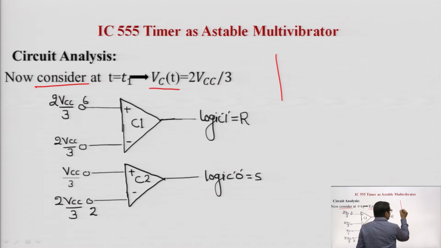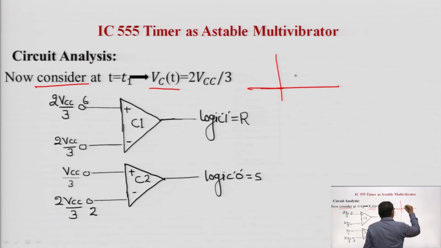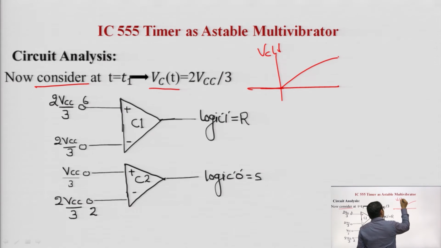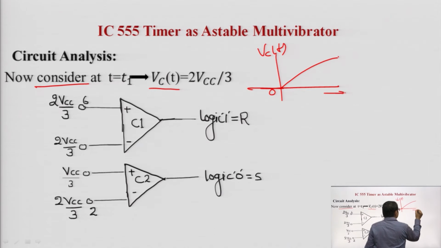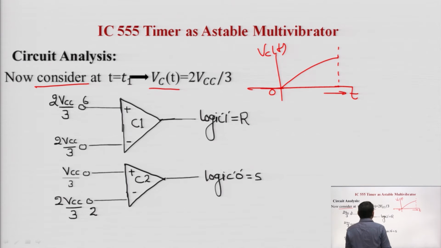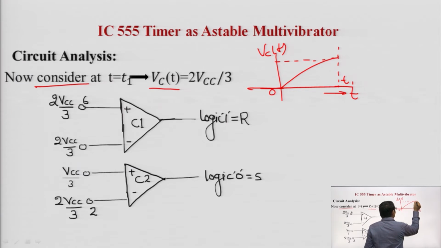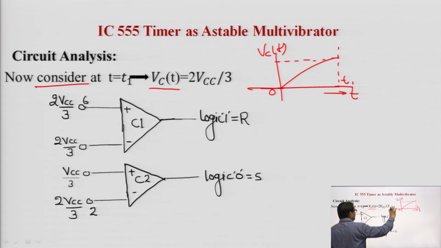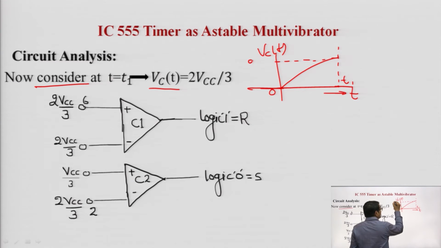The capacitor VCT starts to charge from 0 volt, ideally to plus VCC, but at t equal to T1 it charges to 2 VCC by 3.